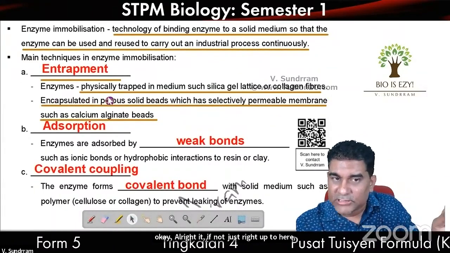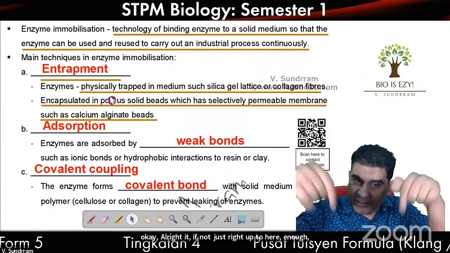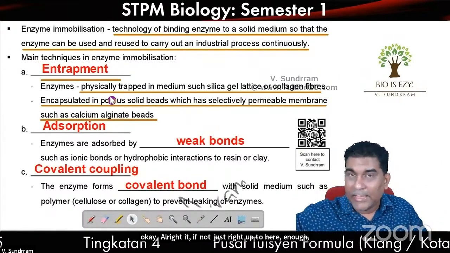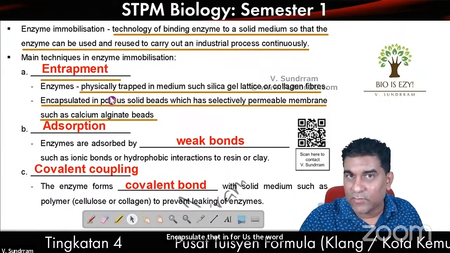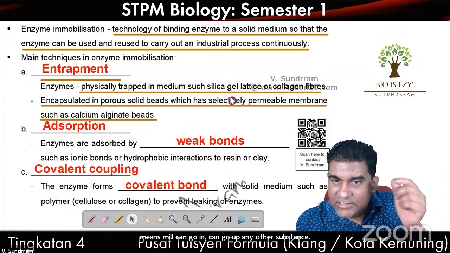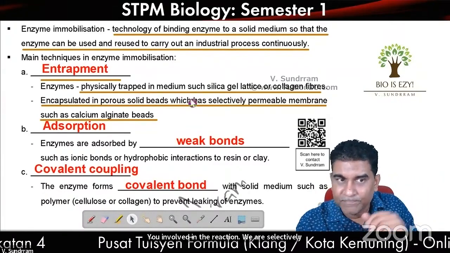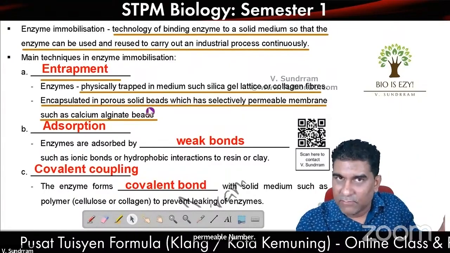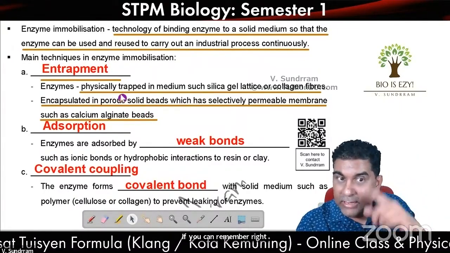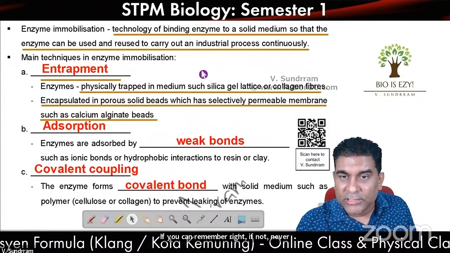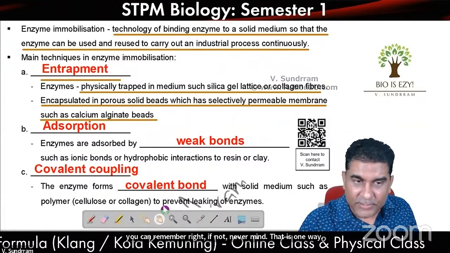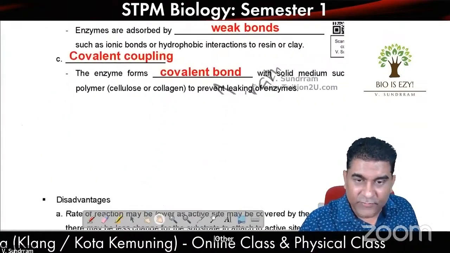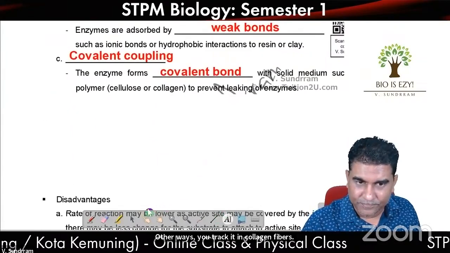Encapsulated in porous. The word porous means milk can go in, can go out. Any other substance involved in the reaction can pass, which has a selectively permeable membrane. If you can remember, right? If not, never mind. That is one way. The other way is you trap it in collagen fibers. That means the first one, entrapment.